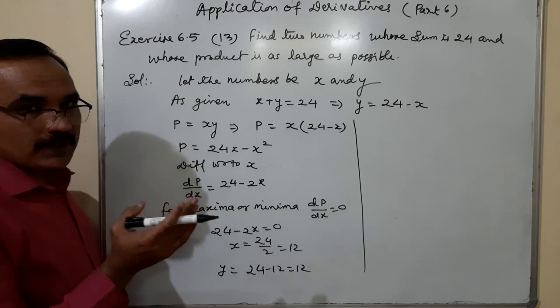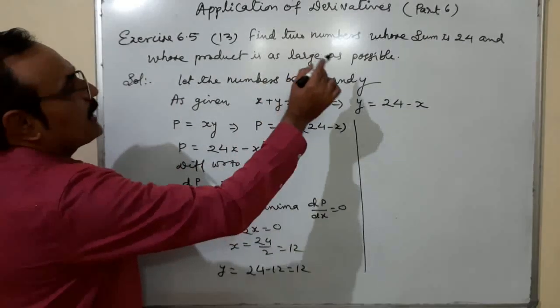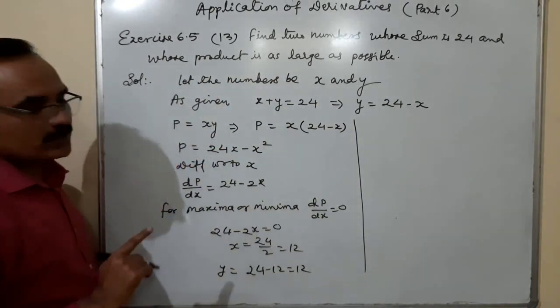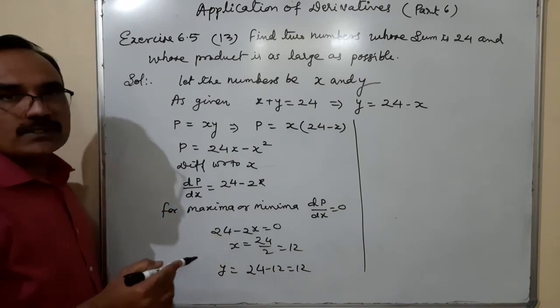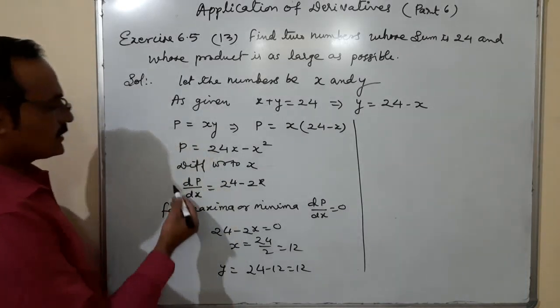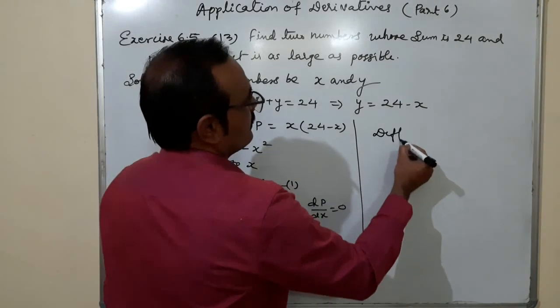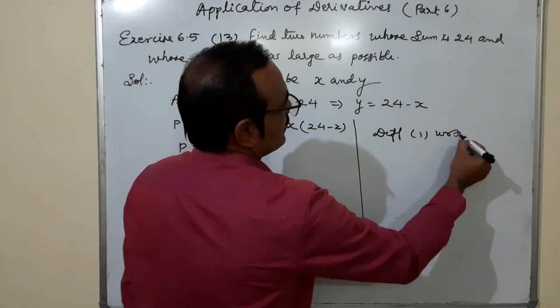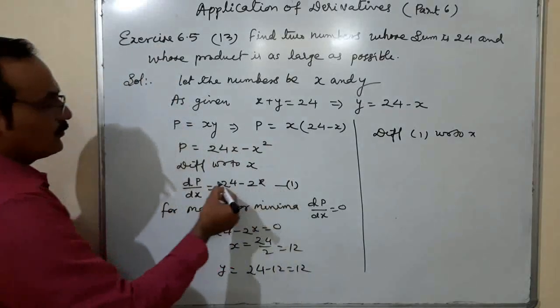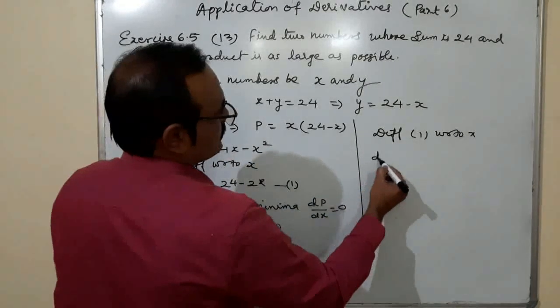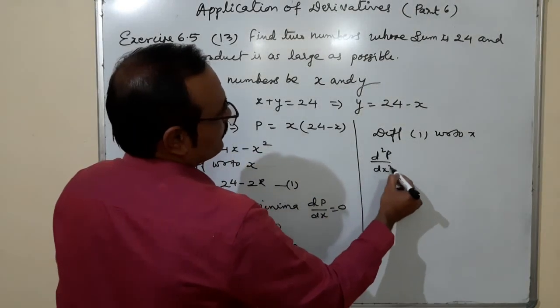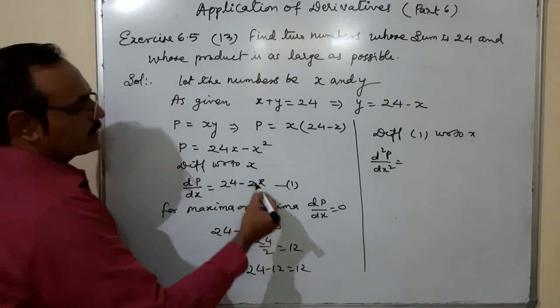Now let us check whether the product is maximum or not, as large as possible, yes or no. So we have to use our second derivative test. This is number 1. Differentiate 1, equation 1, with respect to x. So d square P by dx square is equal to a constant, it is coming minus 2.